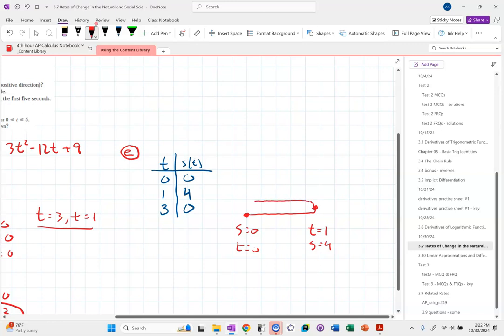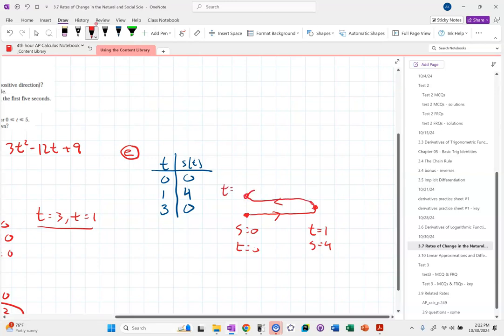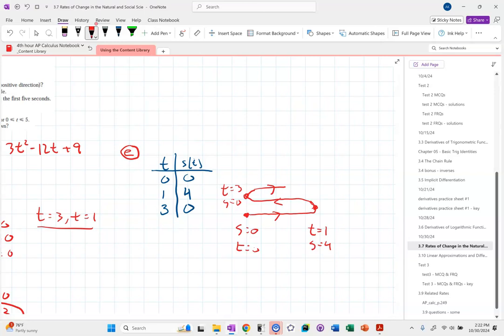Then I start moving backwards until I get to time 3 when I'm back at position 0, and then from there on I'm moving forward. Does that feel okay?